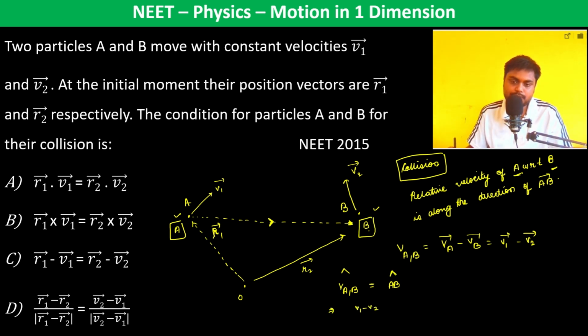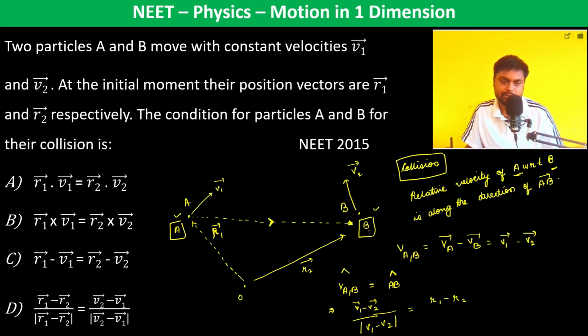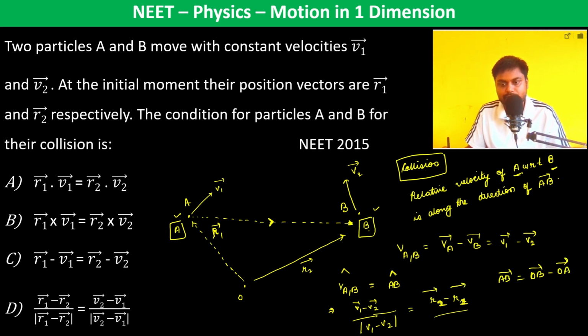V1 minus V2 vector by mod V1 minus V2 should be equal to, AB is R2 minus R1, because AB vector is going to be OB vector minus OA vector, so R2 vector minus R1 vector divided by mod of R2 minus R1. So therefore the option number D is going to be the correct.